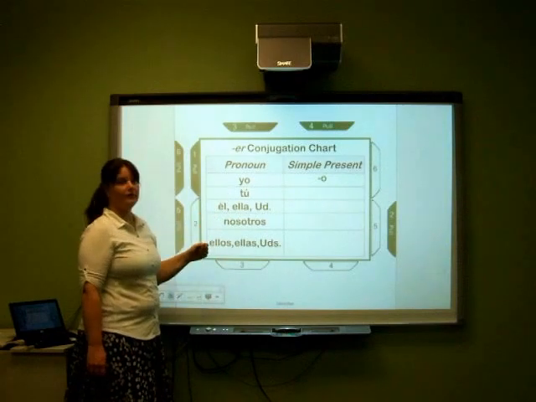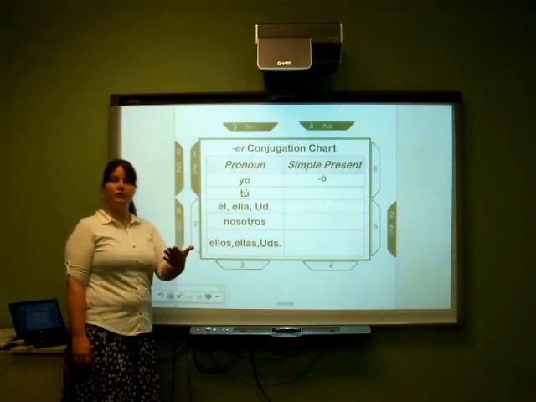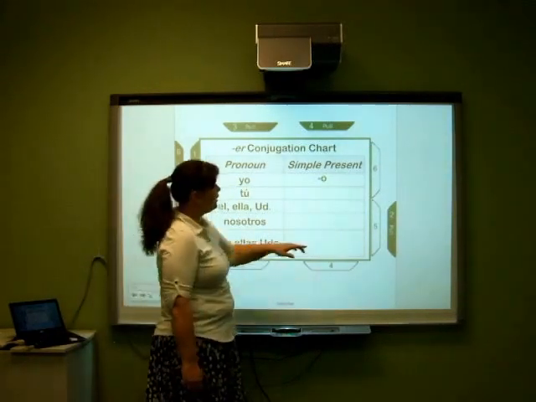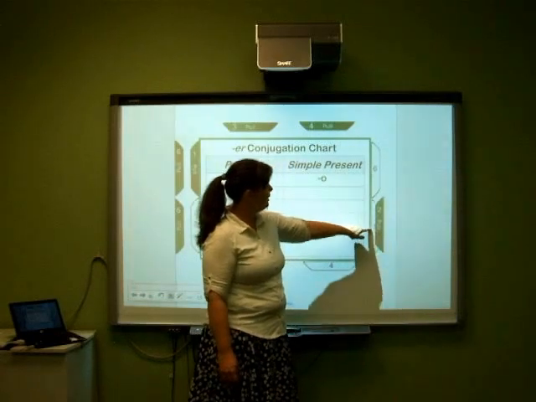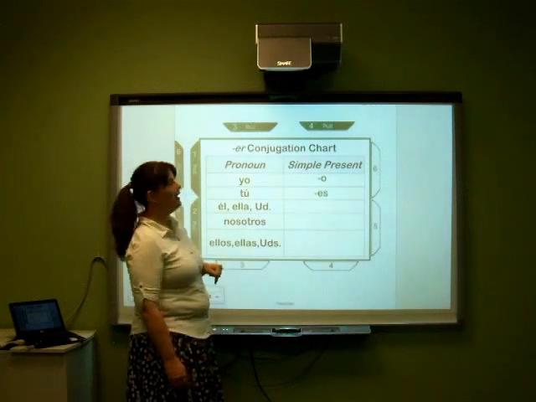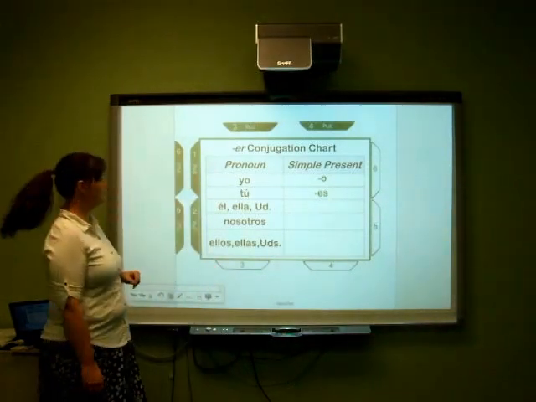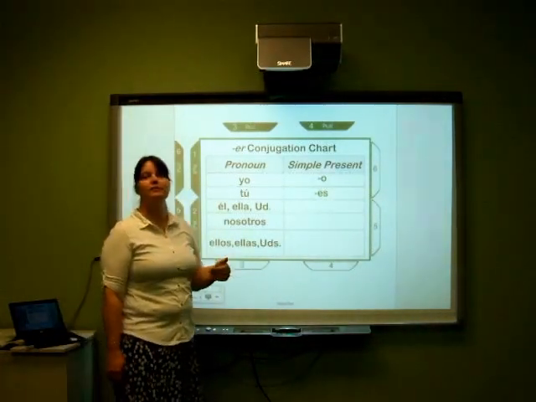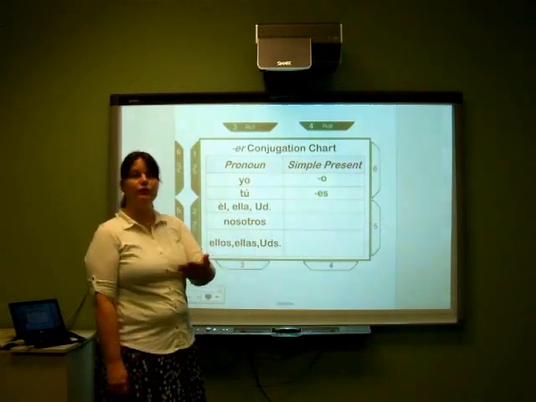For the tú form of the verb, tú meaning you, familiar, we would drop the ER off the end of the verb and add es. So comer becomes comes, or you eat.